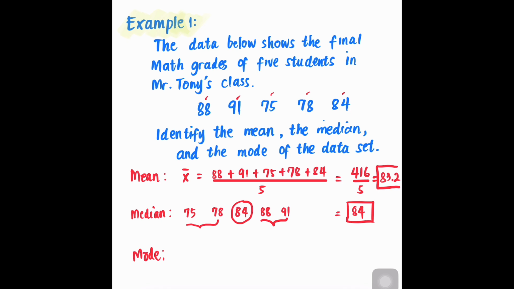So for this given example, we can say that there is no mode for the given data set. All right. Let's move on to the second example.